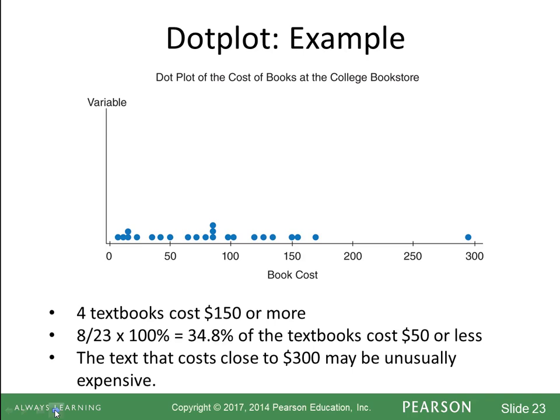So 4 textbooks cost $150 or more. 8 out of 23, or about 34.8% of the textbooks cost $50 or less, and that $300 textbook is unusually expensive. So, dot plots.